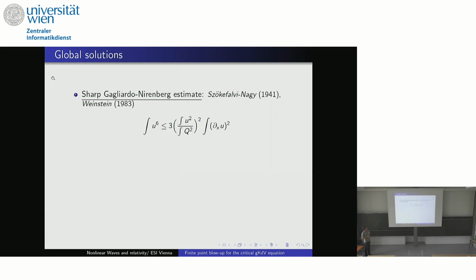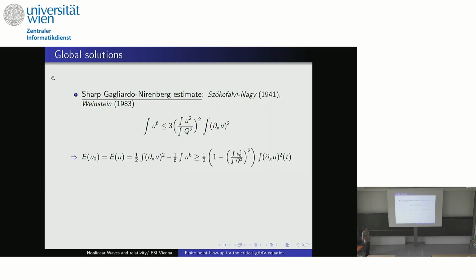Okay, so now a word on the global solutions. This is very classical. Now we want to look at the Gagliardo-Nirenberg inequality, the one which controls the potential term in the energy, so the L6 norm of U. And you can see that the best constant is given as a function of Q, the solitary wave.